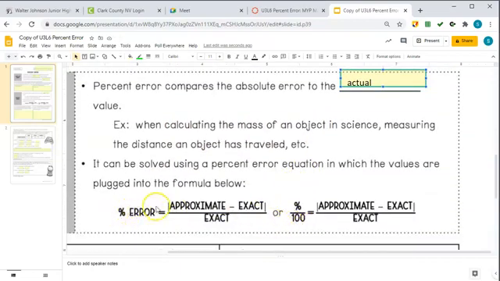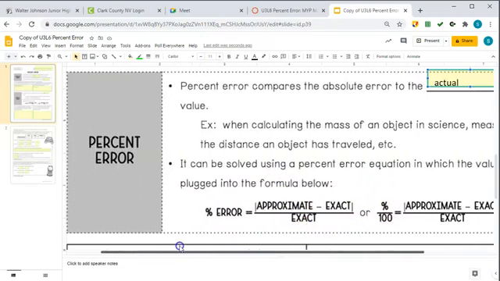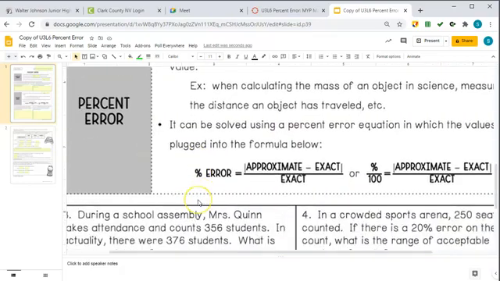So the percent error equals the approximate minus the exact, divided by the exact. And again, we're thinking of percent as out of 100, so we're often going to be converting from the decimal version to the percent version.